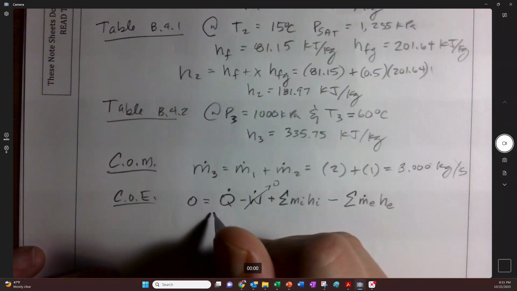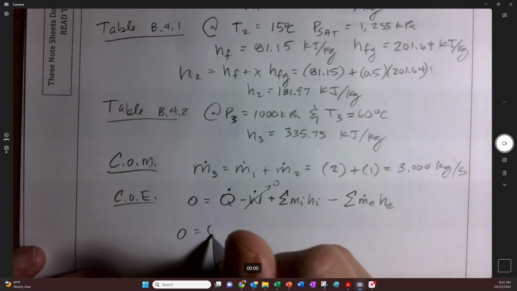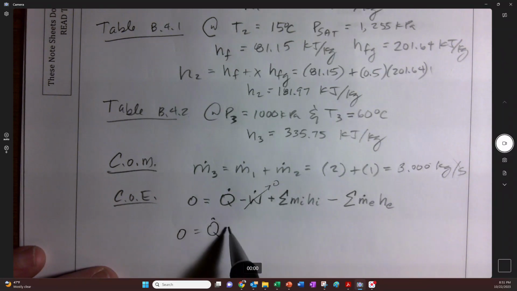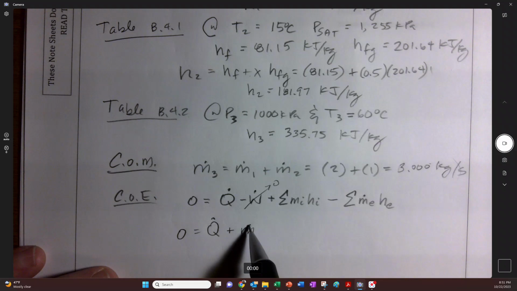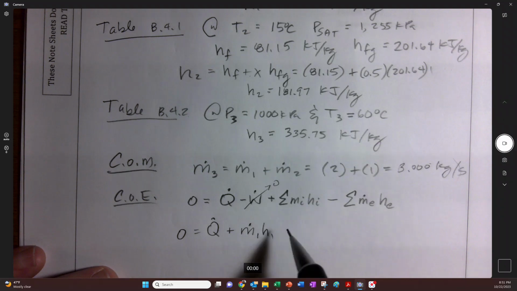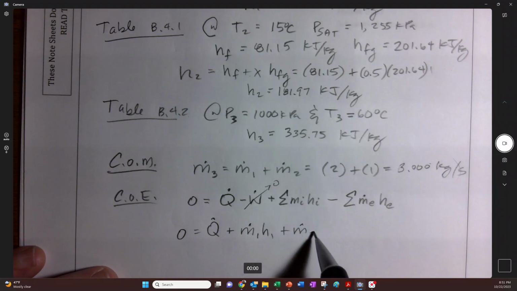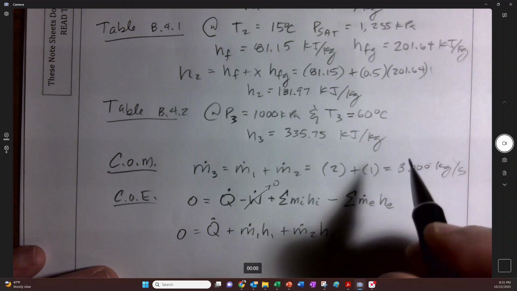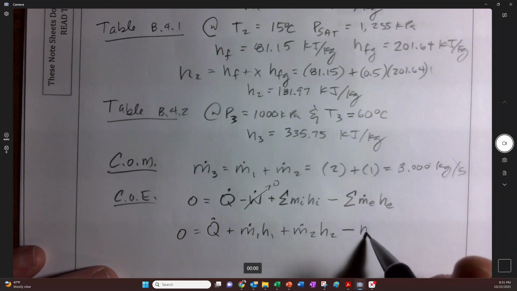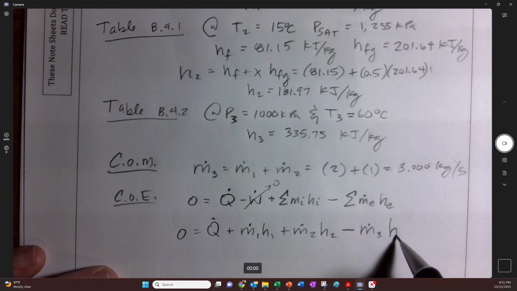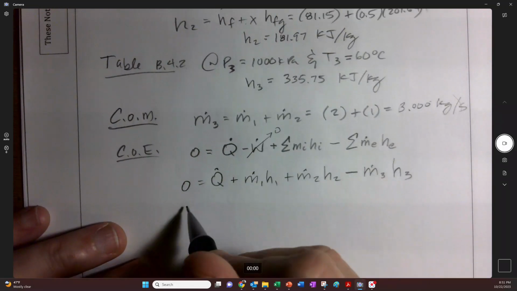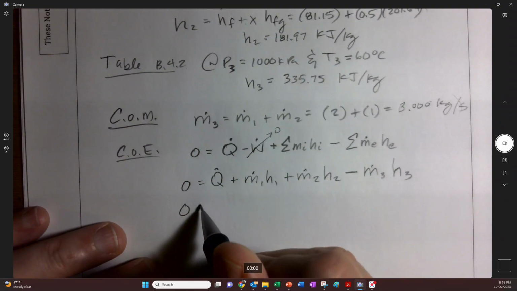We have our Q, and then in M1 H1 plus M2 H2 minus M3 H3, which we could also say was equal to 0.